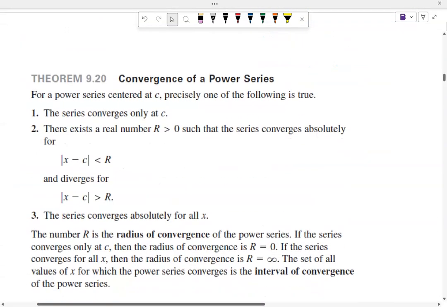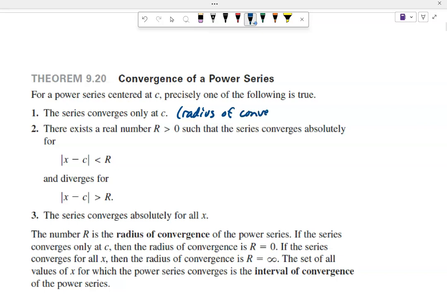But let's move into the convergence, okay? So the series will converge only at c. That would be at the single point. So in other words, there is no radius of convergence. The radius of convergence is 0 here. So that's the first scenario. That's, again, if it just converges at a single point.